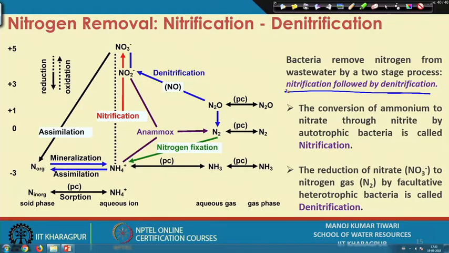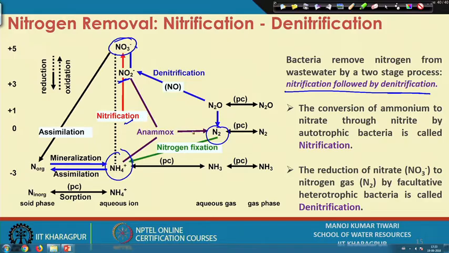The conversion of ammonia to nitrate through the intermediate nitrite is called nitrification, whereas the reduction of this nitrate again through nitrite eventually to the gas phase, nitrogen gas, is called denitrification.